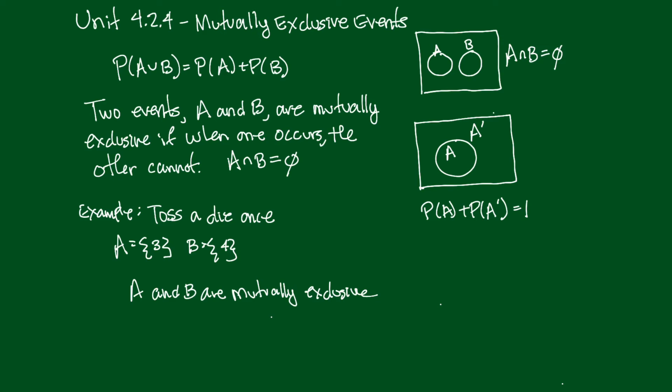With a little bit of algebra, the probability that A does not occur is 1 minus the probability that A does occur. Or, the probability that A occurs is 1 minus the probability that it does not occur.